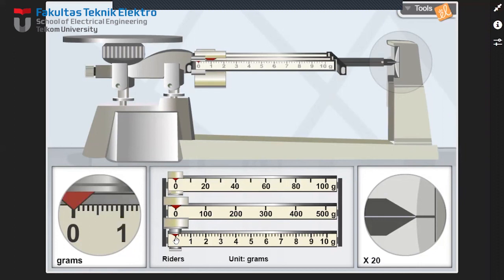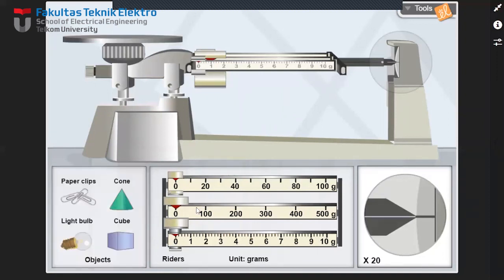So, to find out the lowest scale you just have to divide 1 by 10, which is 0.1 grams. That is the lowest scale of it. And to find out the uncertainty value, you just have to divide the lowest scale by 2, which is a half times 0.1 equals 0.05 grams.